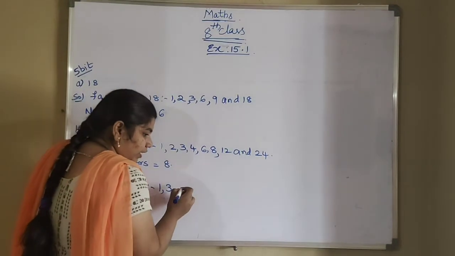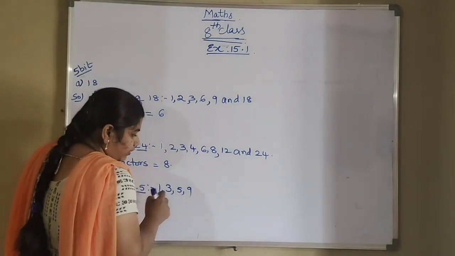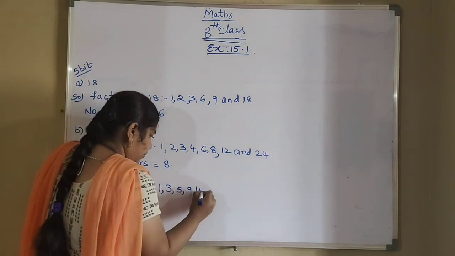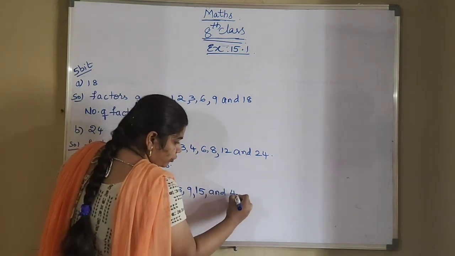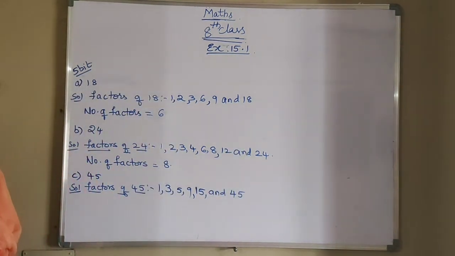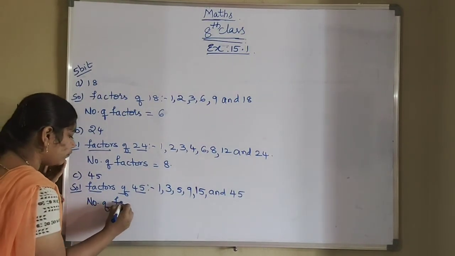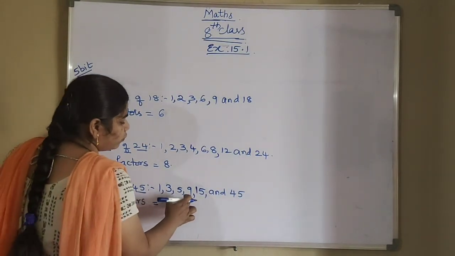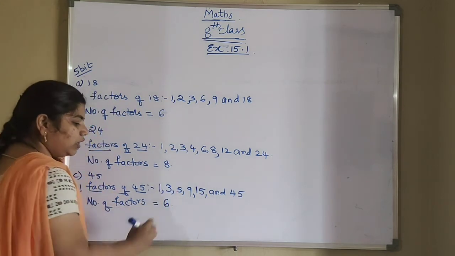In the same way the 5 table, 5 9s are 45. 9 5s are 45. 15 3s are 45 and the last factor is 45. 45 ones are 45. So how many factors are there now? Number of factors is equal to 1, 2, 3, 4, 5, 6. Total 6 factors are there for 45.